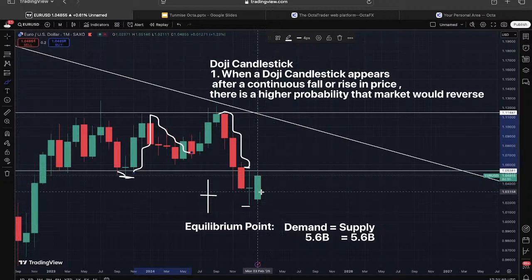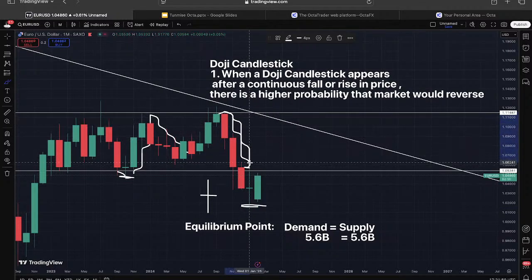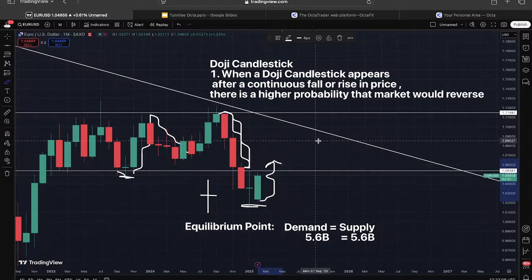So when we now look at this reversal, it is showing up after a consistent fall in the price of EURUSD, and we can see that the current monthly candlestick has picked up in the bullish direction, showing that institutional traders and investors are more optimistic on the Euro versus the USD.